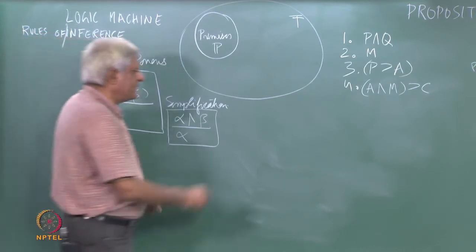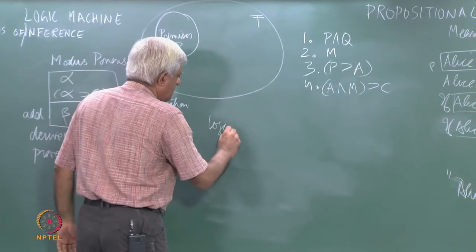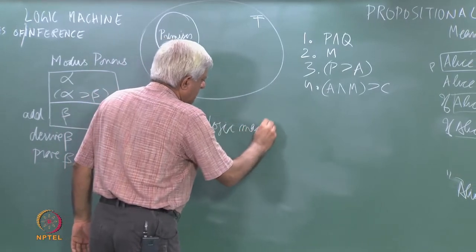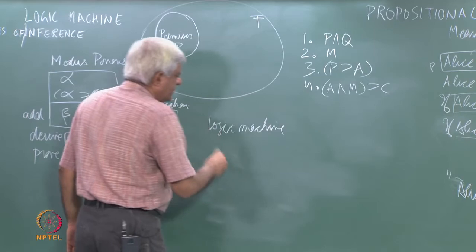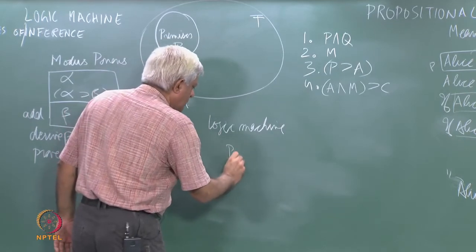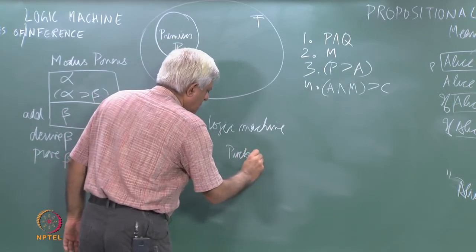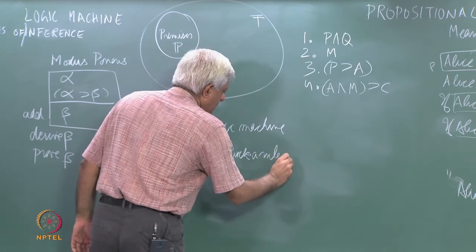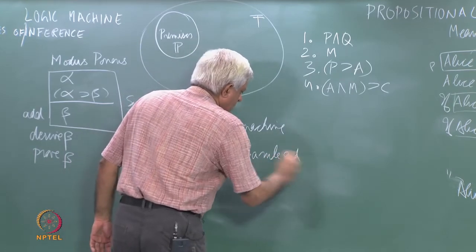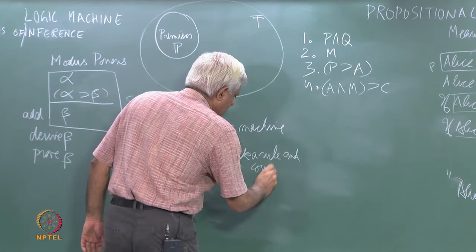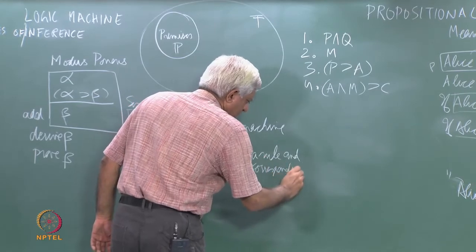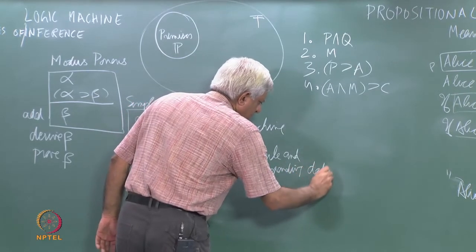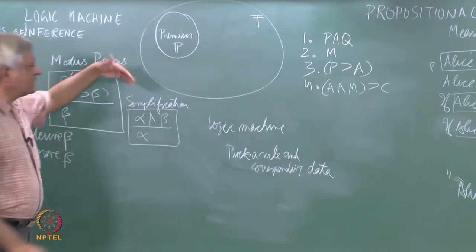So, what is this logic machine? It essentially says pick a rule and corresponding data. By data we mean the sentences which are already there.